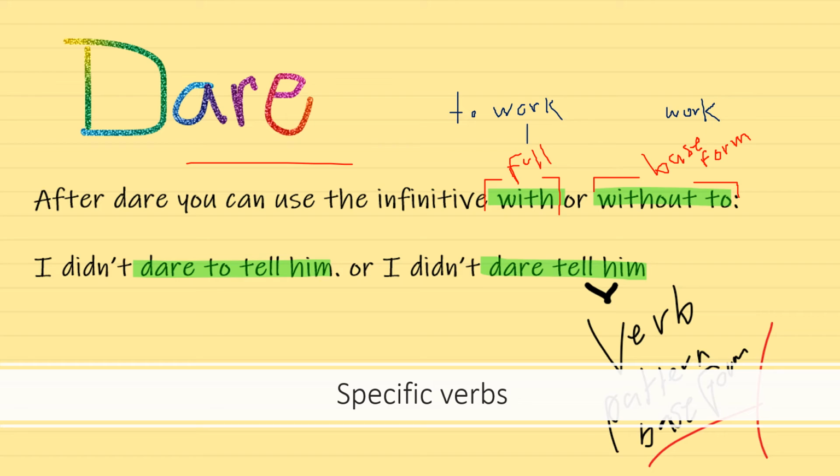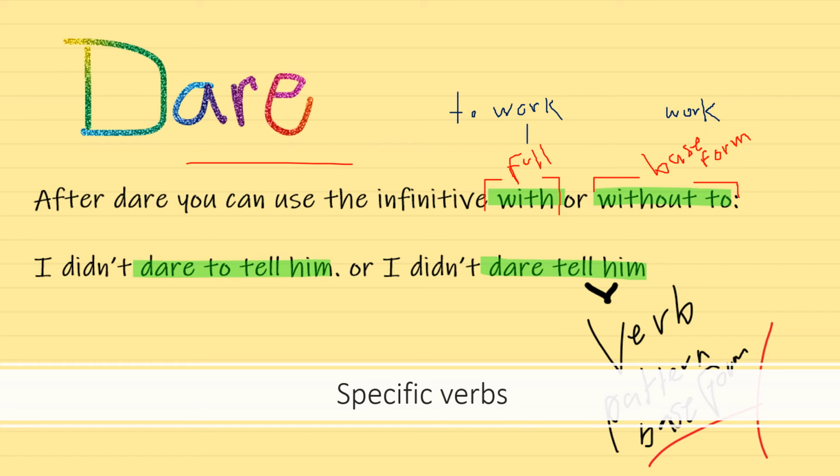So this is the difference between the full infinitive, to work, versus the base form, that is only work. So dare can be used with the full infinitive, and also with the base form.